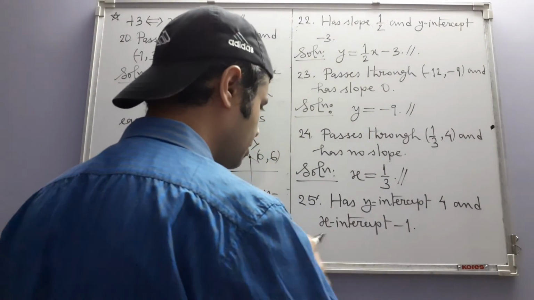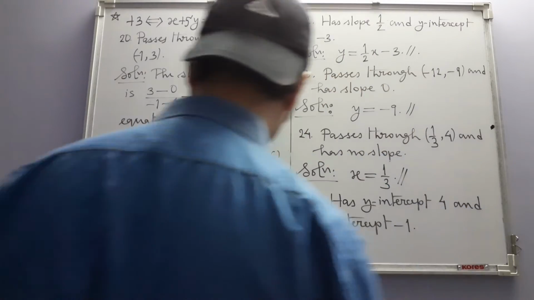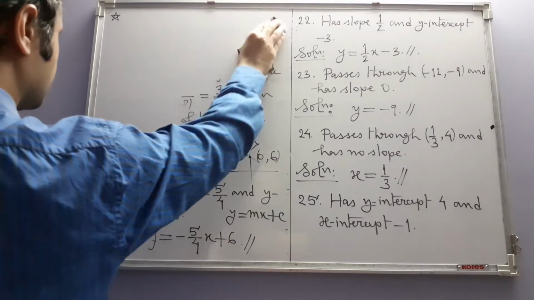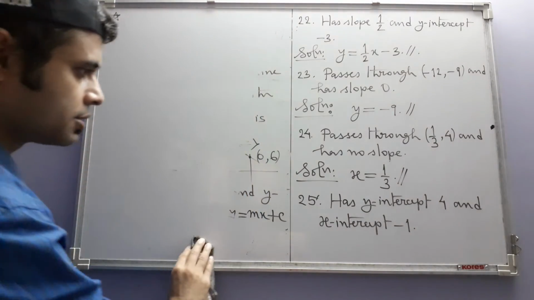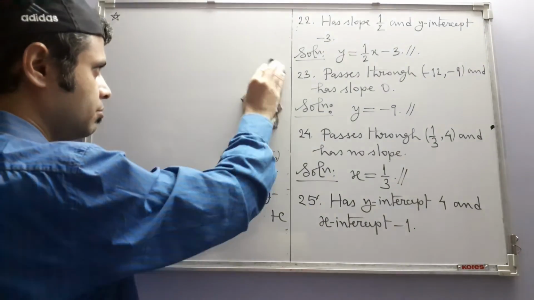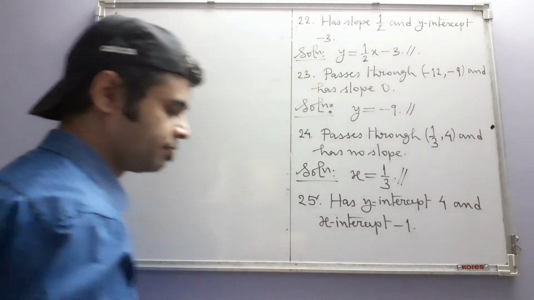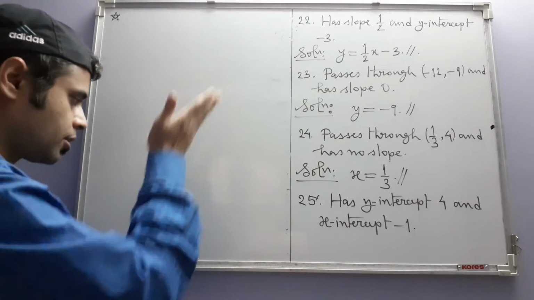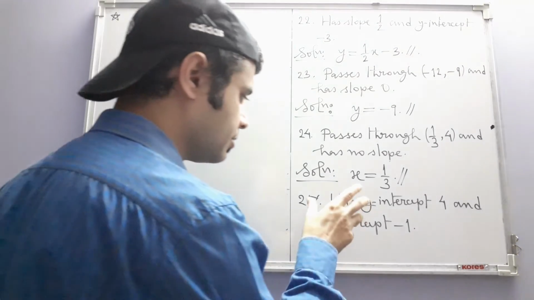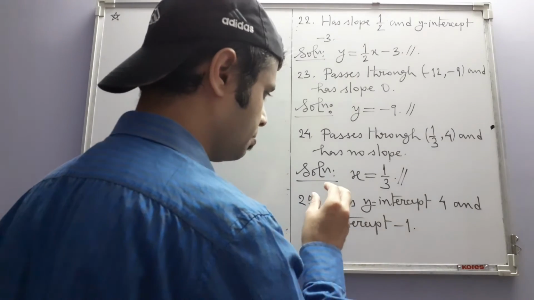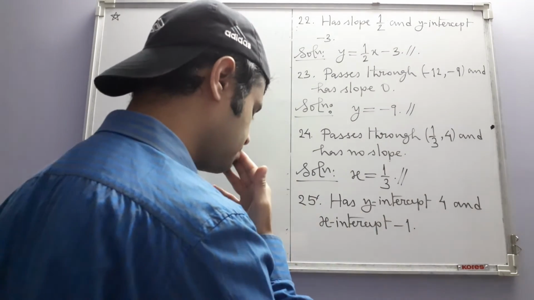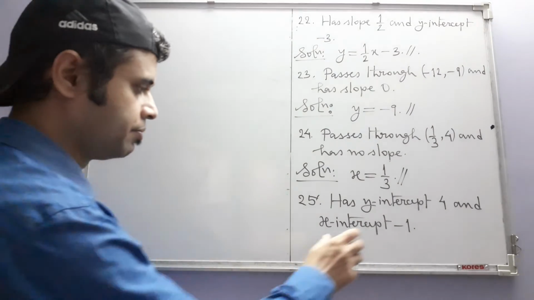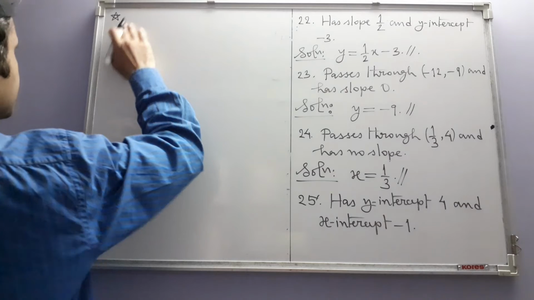You can find the equation in a number of ways. You can either use the information that the x-intercept is -1 and hence the line passes through the point -1, 0, where it crosses the x-axis, and then use the point, no, that will also not readily give you the equation. Okay, let's just solve it and then we will see.